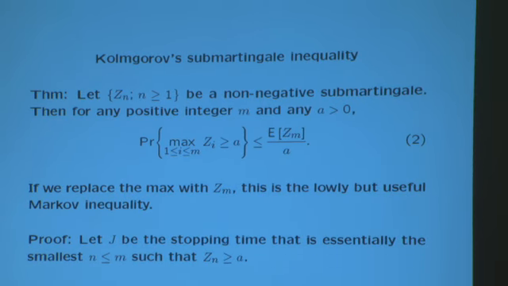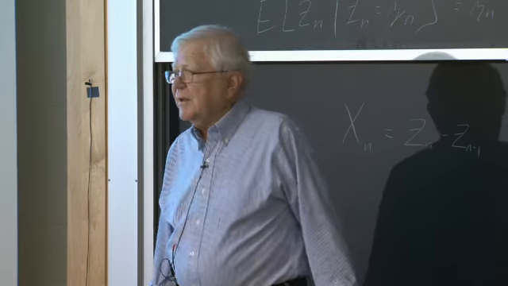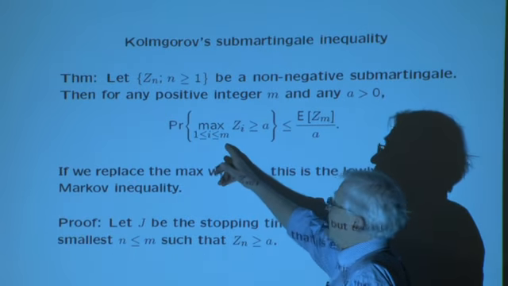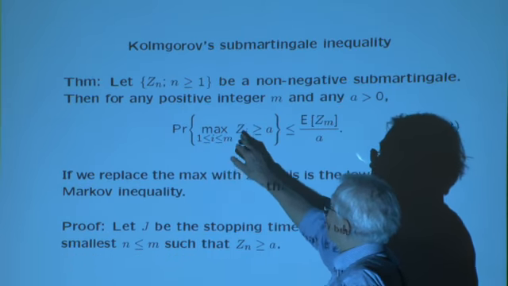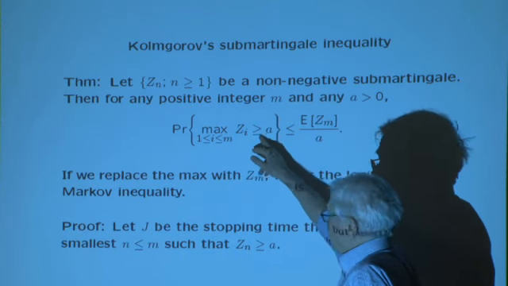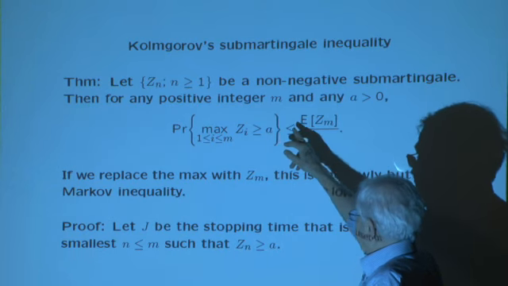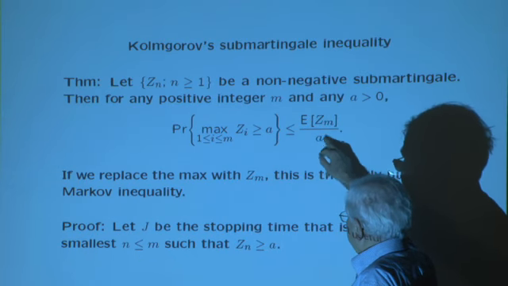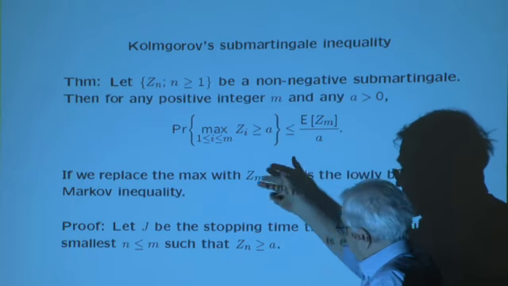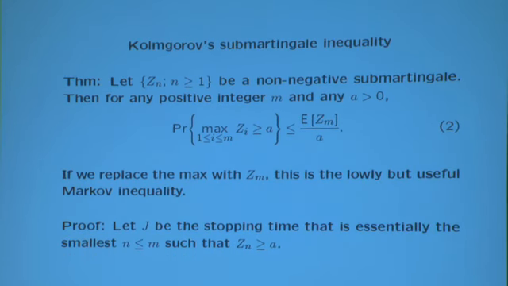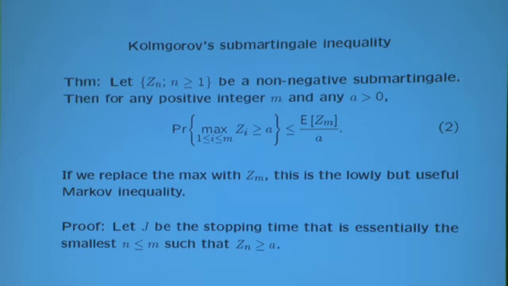This looks like the Markov inequality. Okay? If instead of taking the maximum from 1 to m, we just look at Z sub m, the probability that Z sub m is greater than or equal to a is less than or equal to the expected value of Z sub m divided by a. So what this is saying is it's really strengthening that Markov inequality and saying you don't have to restrict yourself to Z sub m.